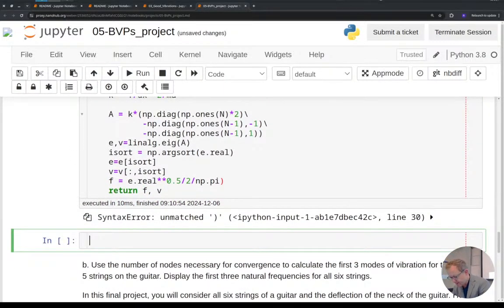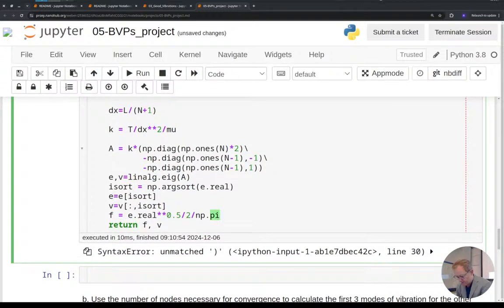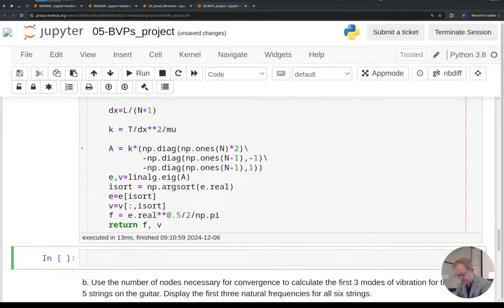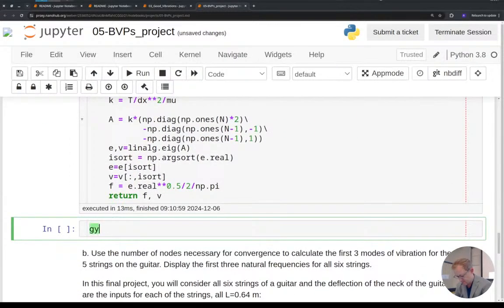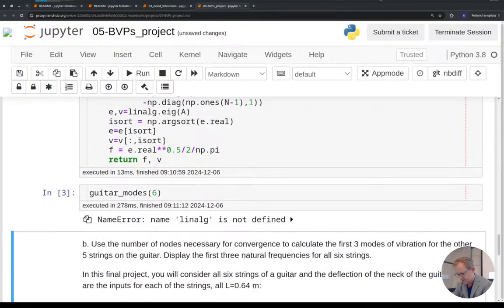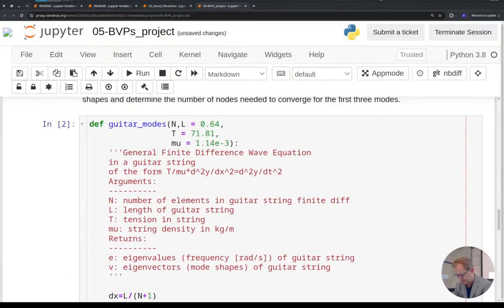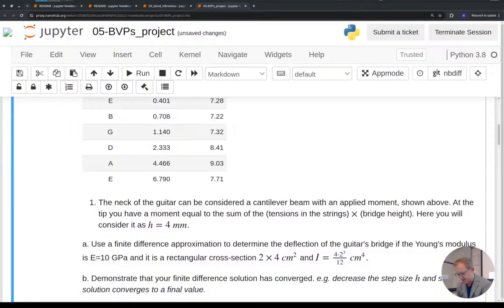Oh, and let's get rid of that one. So if I look at guitar modes with 6, it would help if I'm actually importing the stuff that I need.